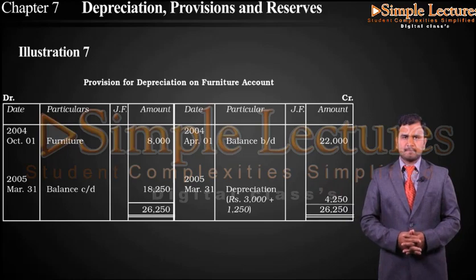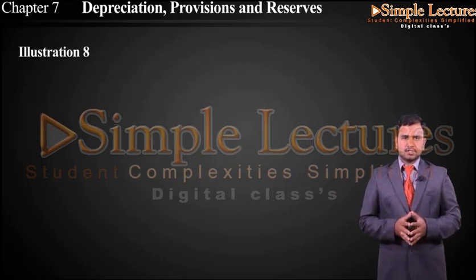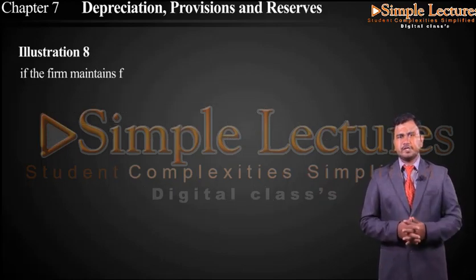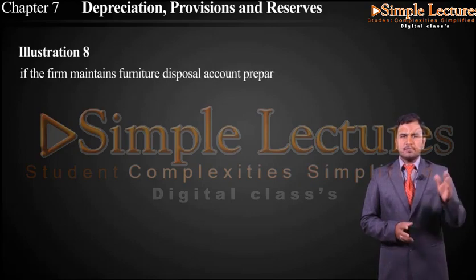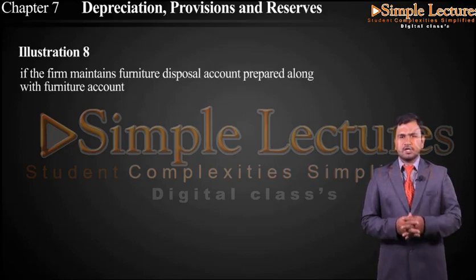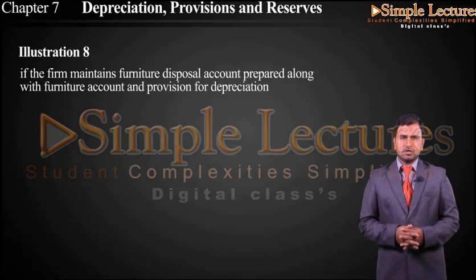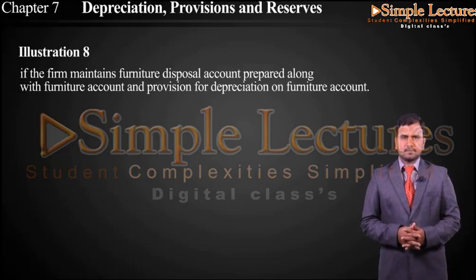18,250. Let us take another illustration. If the firm maintains a furniture disposal account, it is prepared along with the furniture account and the provision for depreciation on furniture account.